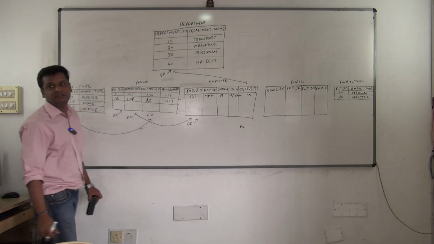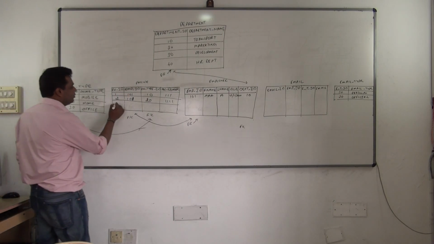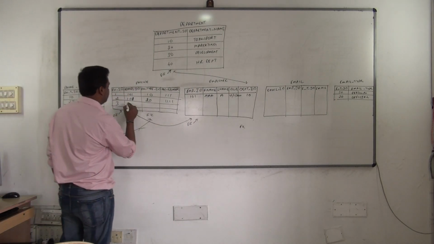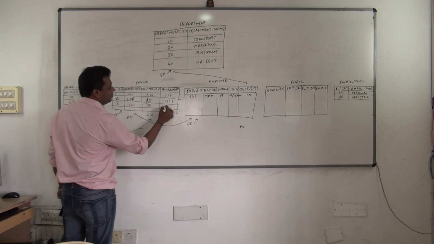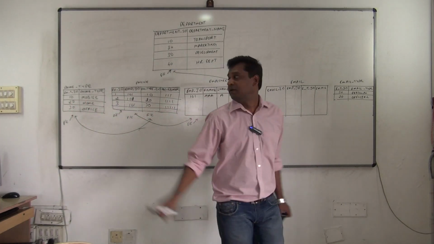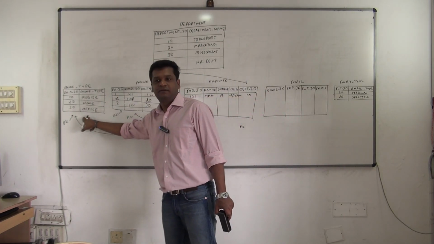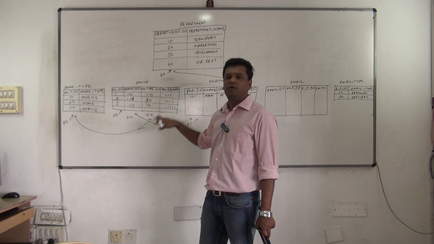Till now we are not capturing what type of phone it is. Now we are looking into that. So one more phone he is having: 101, 30, 11111. Fine. If one more phone comes up, you will add one more option here and insert one more phone number for him.